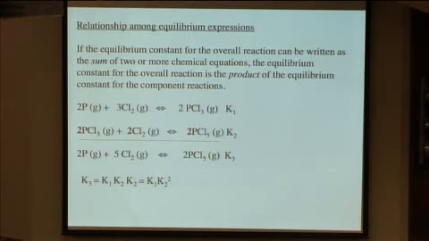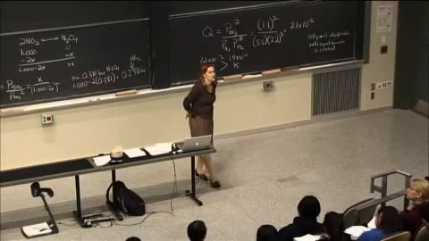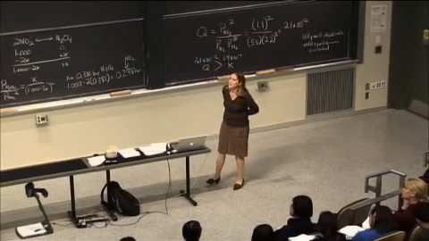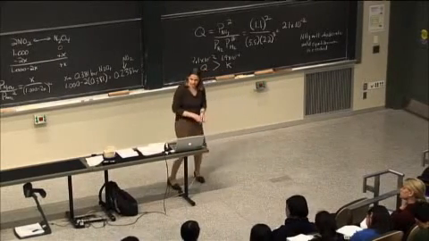We've multiplied that up. So if you have different parts of reactions and you can sum them together, then you can multiply out the individual K's to get the new value of K. So that's something that's just useful that you'll run into in doing these types of problems.